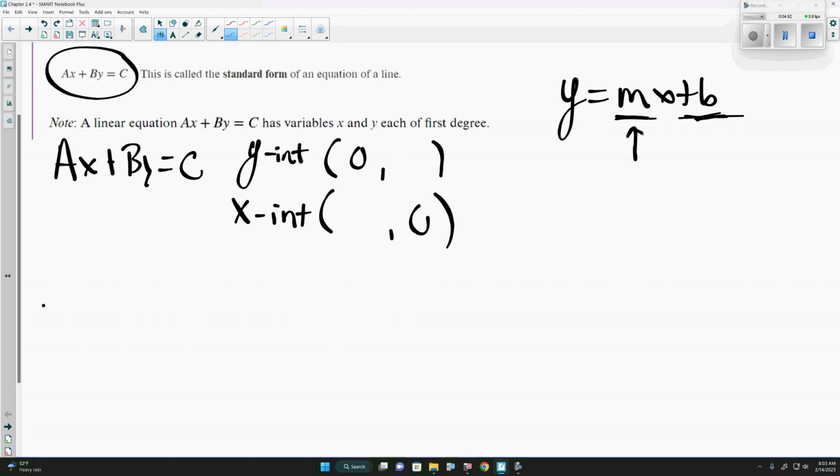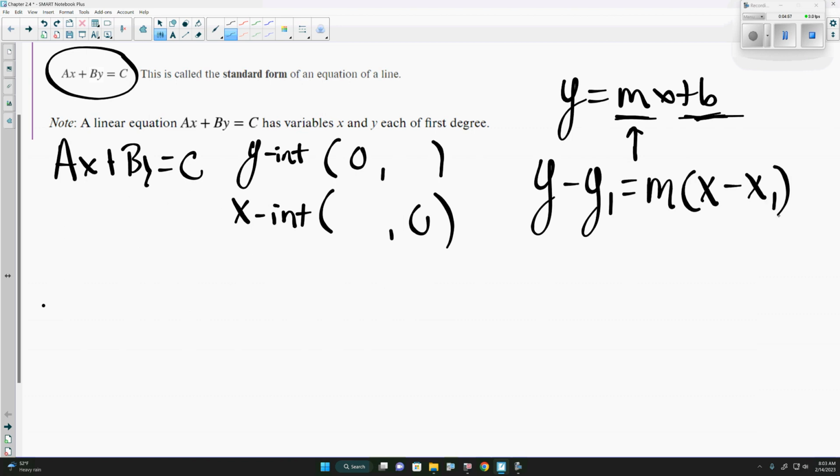Now the other form is point-slope. We have a point and we have a slope. Point-slope.